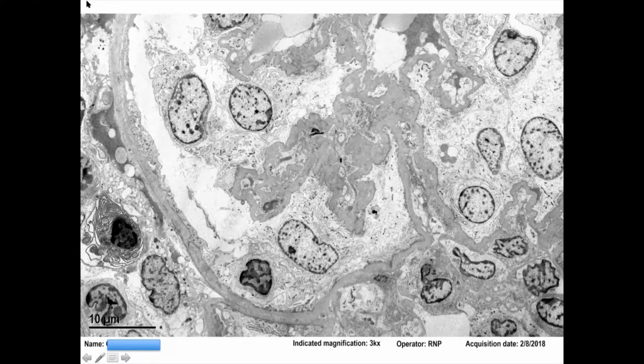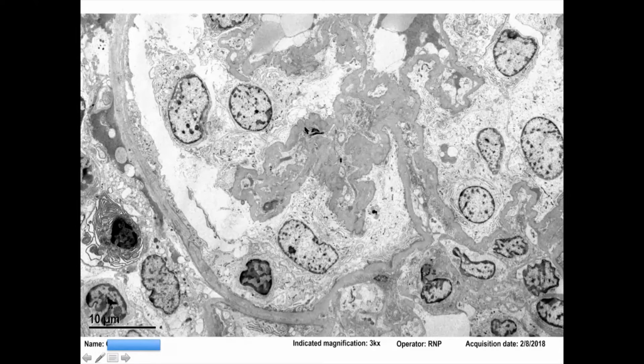This is the whole glomerulus over here, or about 2/3 of it. This is one of the tufts, and there's another tuft over here. We can see that what we have is basically shriveling and ischemia and wrinkling and sclerosis, and this is all proliferation of the parietal epithelial cells of Bowman's capsule.